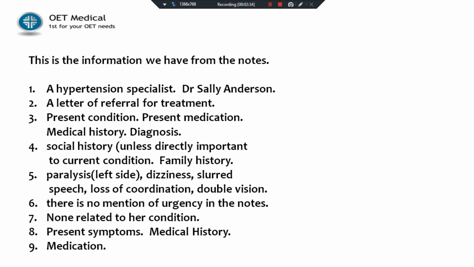Things that we need to include, things that we don't need to include, current condition, urgency, or what was the other one? Relative, anything related to her condition. Present symptoms, medical history, and medication. Okay.